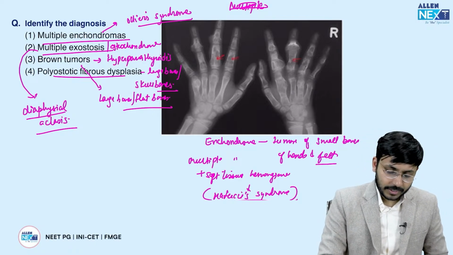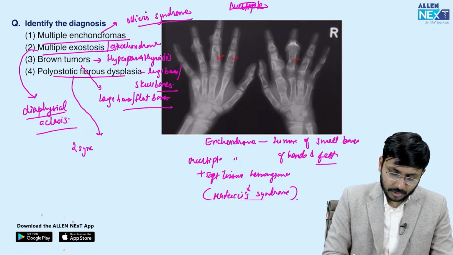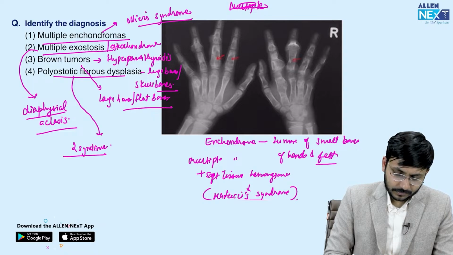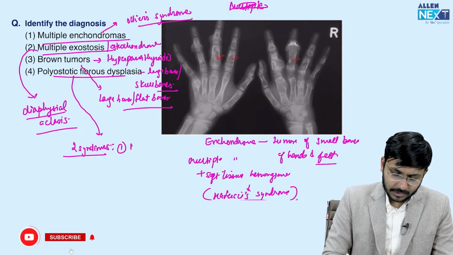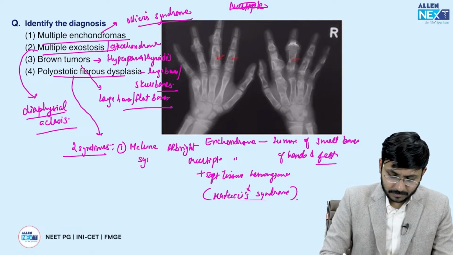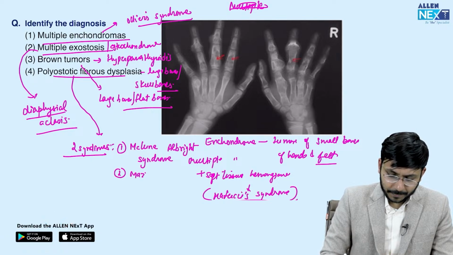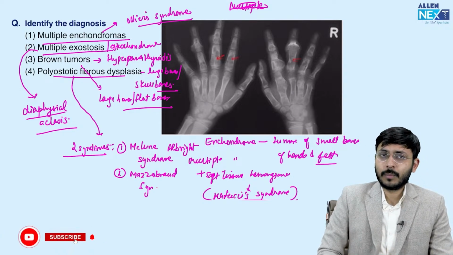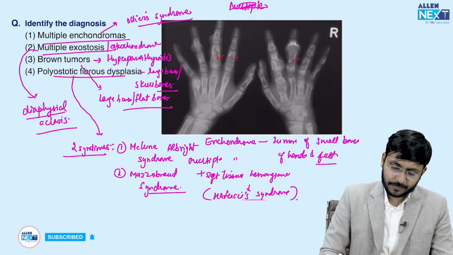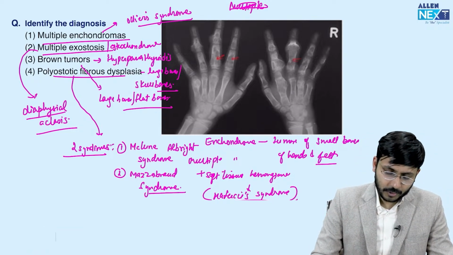And there are two important syndromes associated with polyostotic fibrous dysplasia. One is your McCune-Albright syndrome, and second is your Mazabraud syndrome. Okay. Now moving on to the next question.